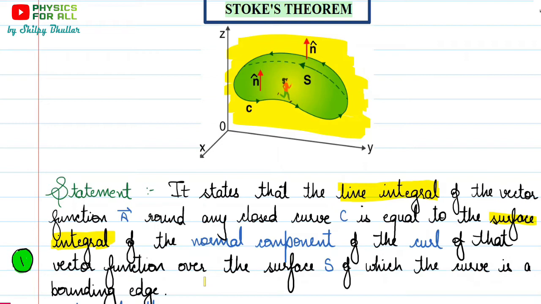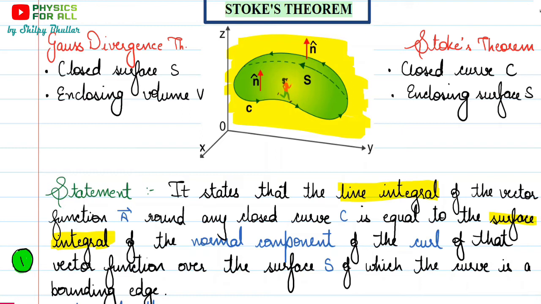So we have to relate the line integral over the boundary with the surface integral over the surface. You must have observed in Gauss divergence theorem that there we considered a closed surface S, which was enclosing a volume.